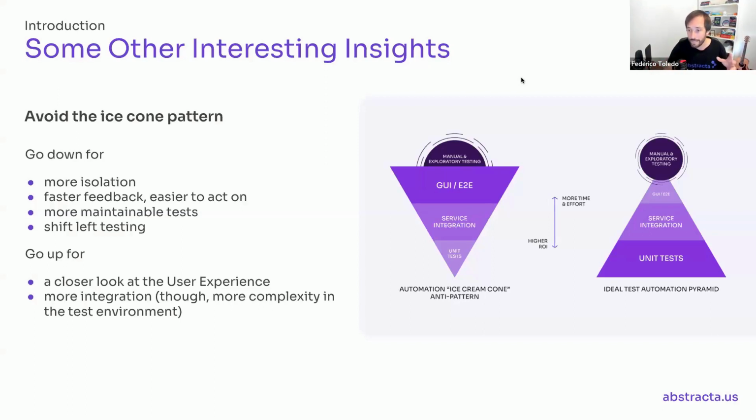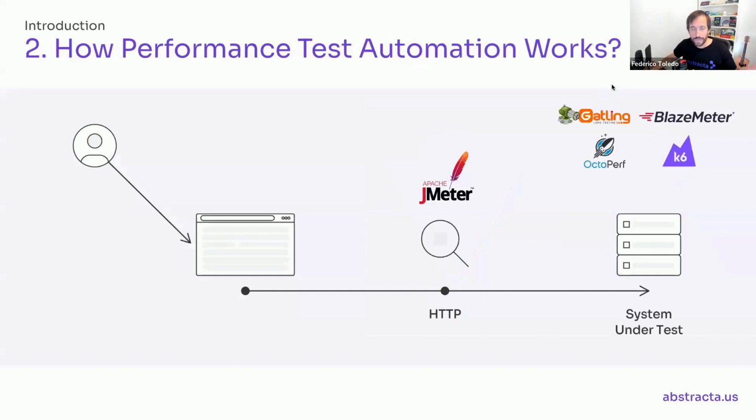We also will see how the different components interact with each other. We will have more integration, though that adds more complexity in the test cases and in the test environment, of course. That's all for now about the pyramid, the original model.